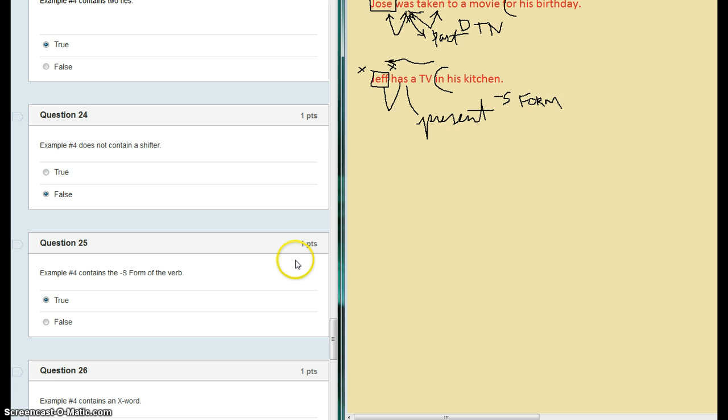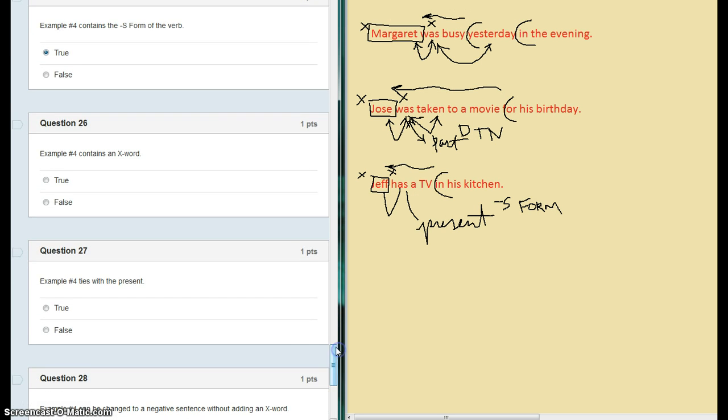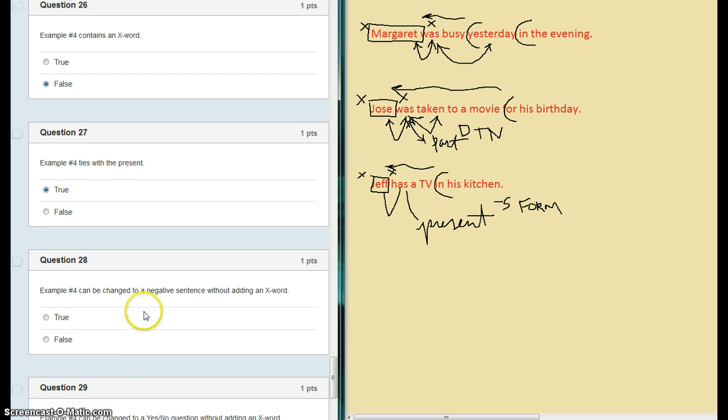Exactly. Whoop, let's come back here, Jeff. Okay, and number 26. Example 4 contains an X word. False. Example 4 ties with the present. True. The S form ties with the present.